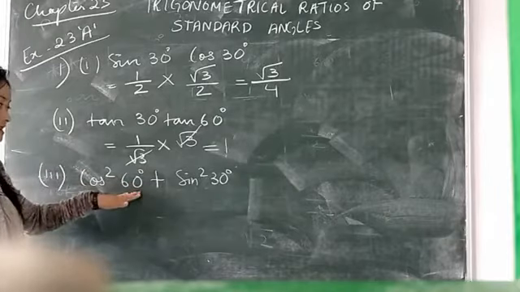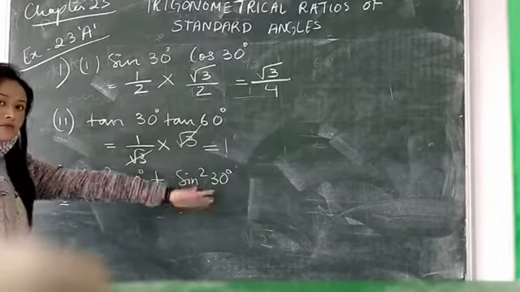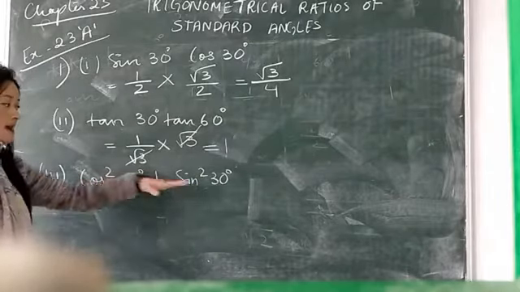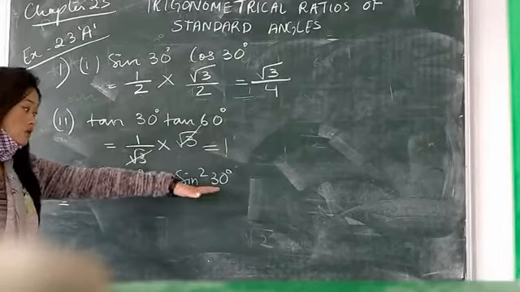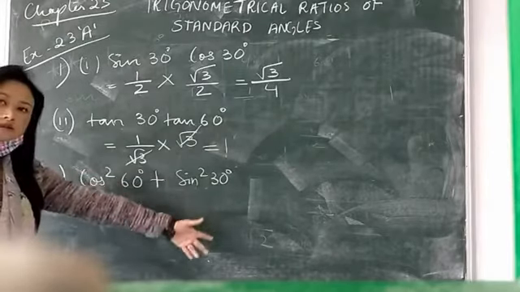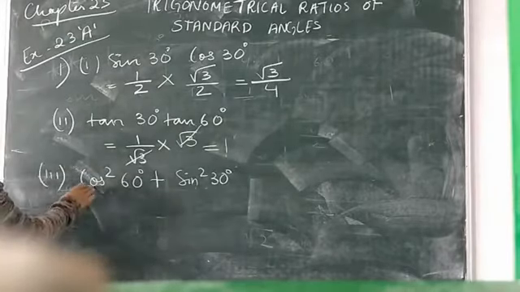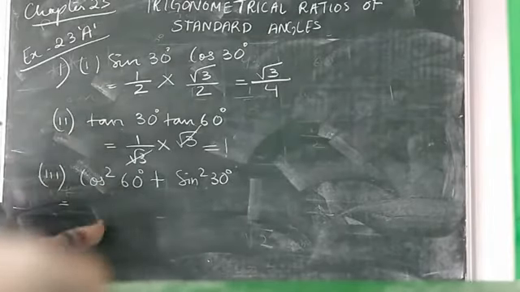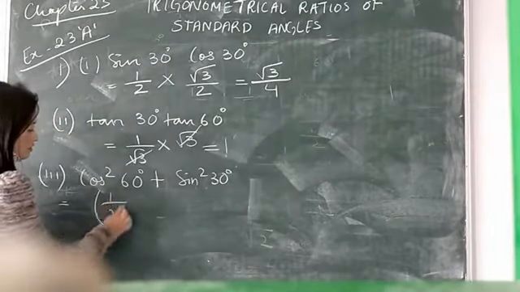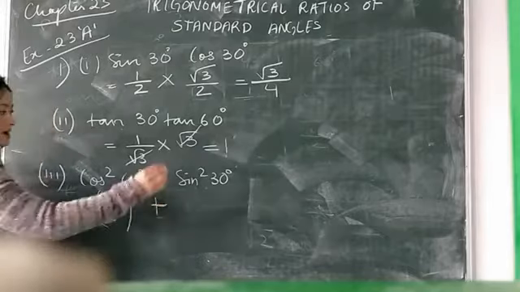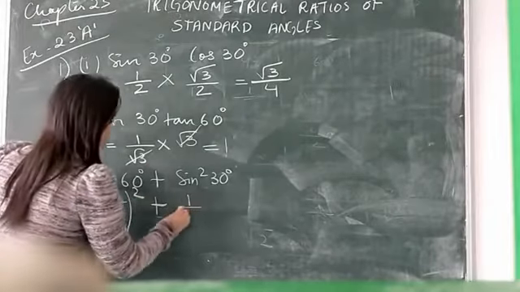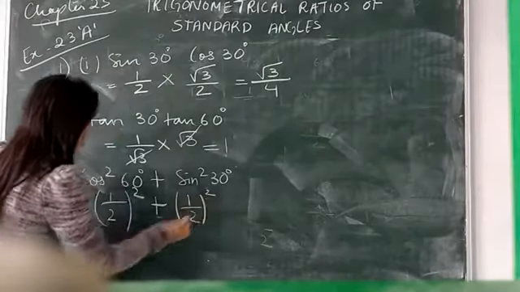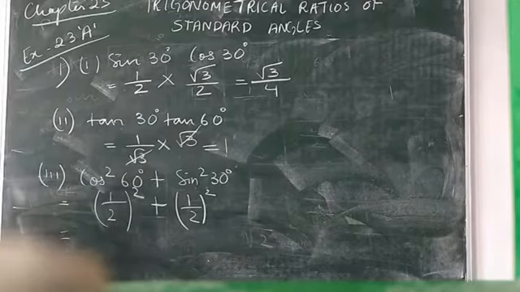Cos 90 and sin 0 will also have the same value. So what is your cos 60? It is 1 by 2 whole square. And sin 30 will be the same, 1 by 2 whole square.